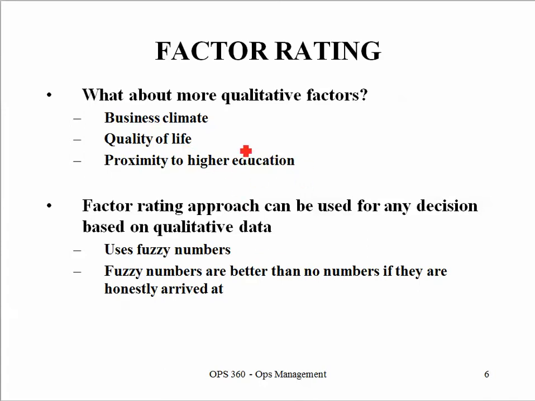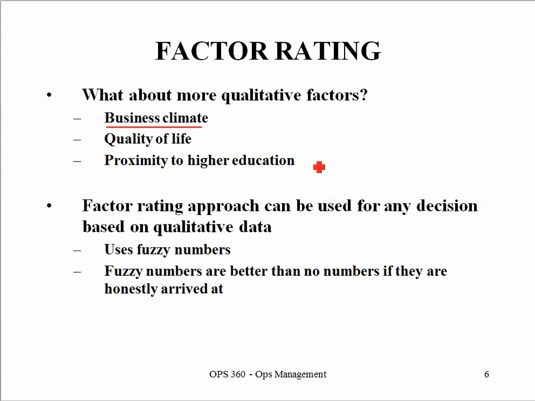For example, we might be concerned about the business climate in one particular location, area, country, city, whatever. We might feel that it is relatively unfavorable compared to other possible locations, and that could count against that location for its perceived lower quality business climate. But again, how do we actually quantify that?